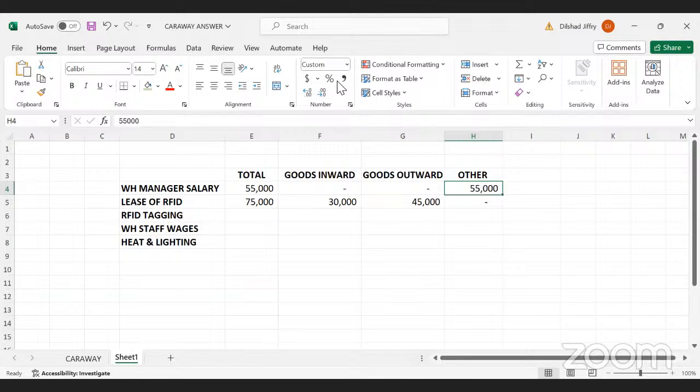Total wages, 14 into 22,500, 315. Yeah, each. Read carefully. Then I think we go 50-50, right? 0.5.